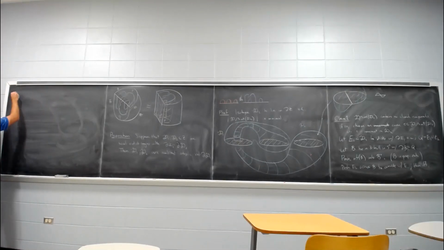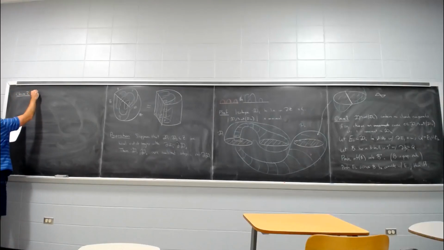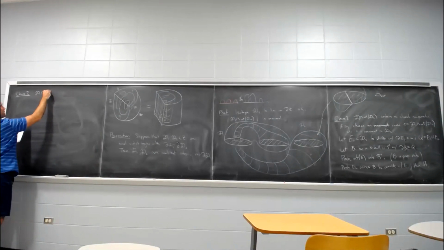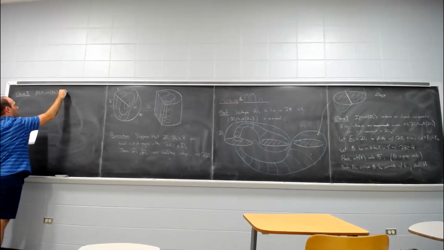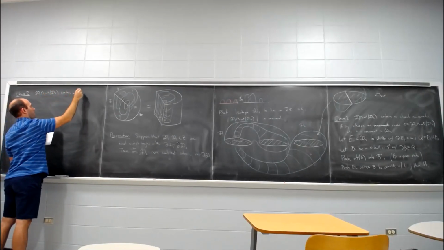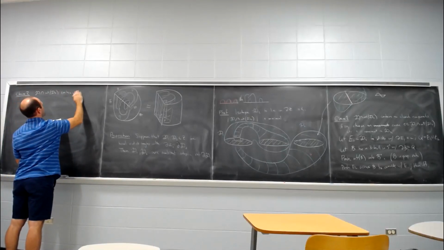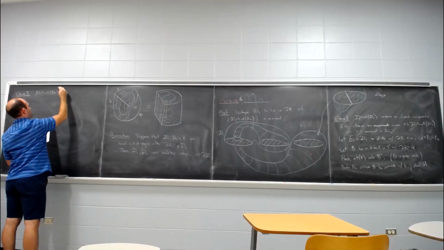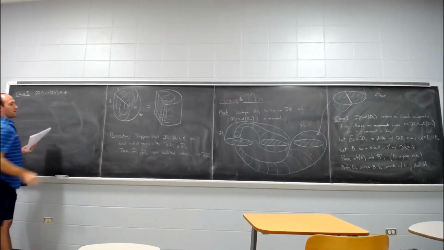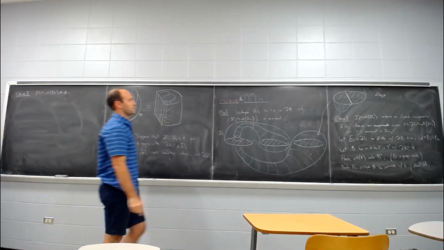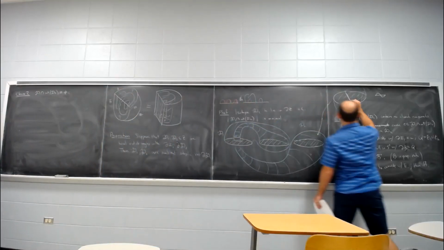Okay, and then claim 2 is that D1 intersecting the interior of D2 contains no arcs. Well, I guess it's empty. Okay. Now that we've ruled out closed curves, all that we could have would be things like this, and arcs.